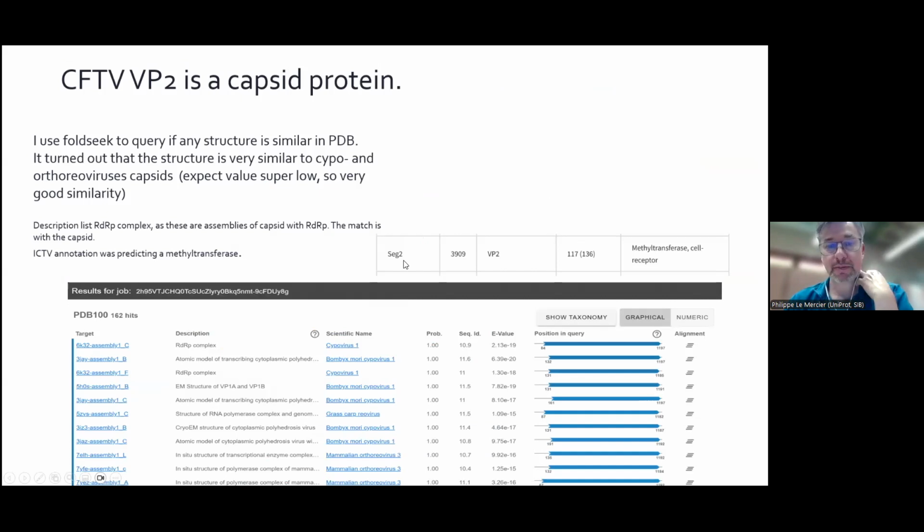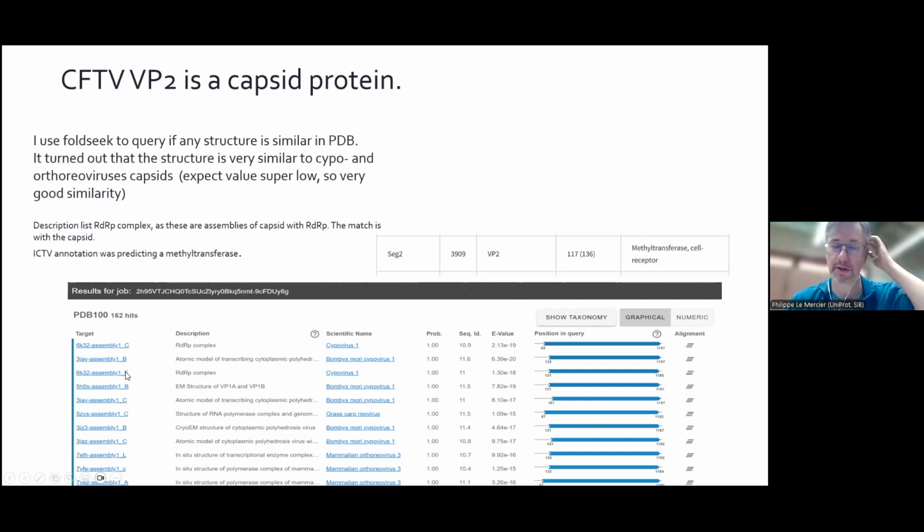So you see the segmented. This is on the ICTV website, in which they have a lot of data about various genes. And they thought segment 2, VP2, would be methyltransferase, maybe cell receptor. Actually, no. AlphaFold 3 just tells you it looks like a capsid, and you make a fold-seq, and you would see that. So these are complex.